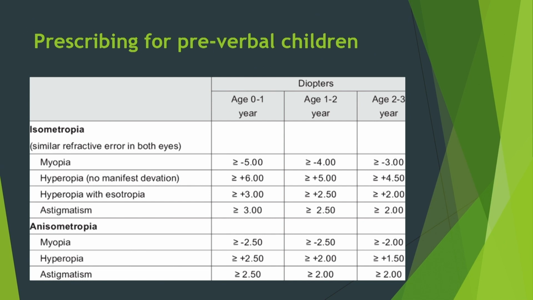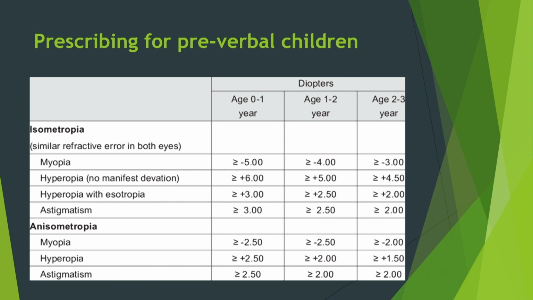That is for children less than 1 year. If it is 1 to 2 years, maybe more than -4. But 2 to 3 years, more than -3, right? And for hypermetropia or hyperopia, if there is no esotropia, as I said, only if it is more than +6 do we correct.